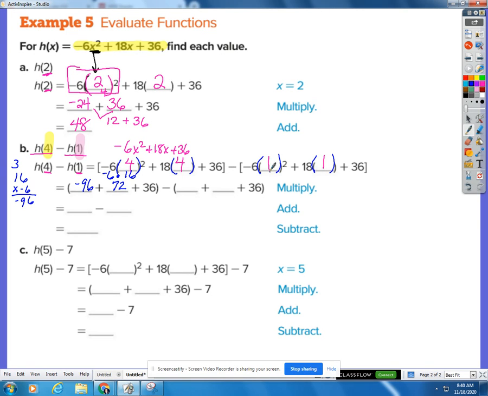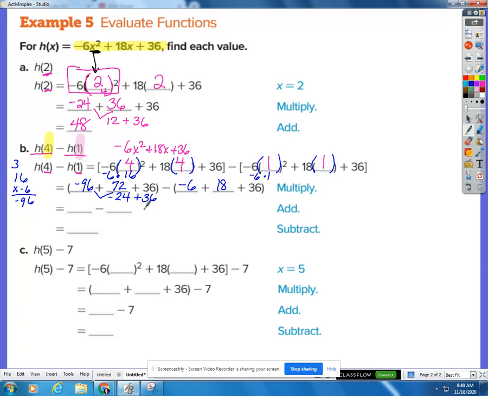Over on this one, 1 squared is 1. 1 times negative 6 is negative 6. 18 times 1 is 18. Math is a little bit easier on that one. And then over here, I'm going to subtract. So 82, 92, that's 20 plus another 4 to get to 96. So this would be negative 24 plus 36.